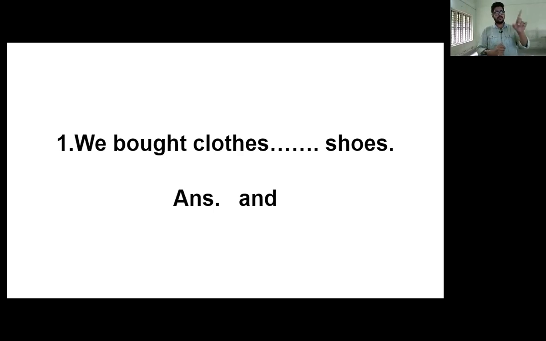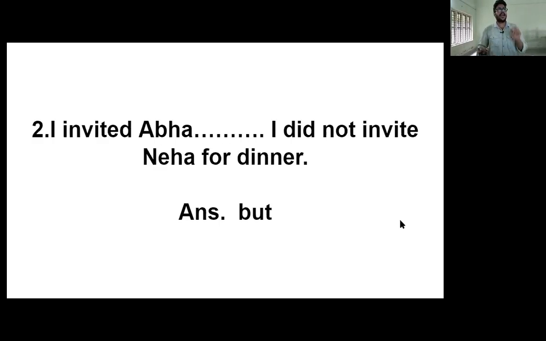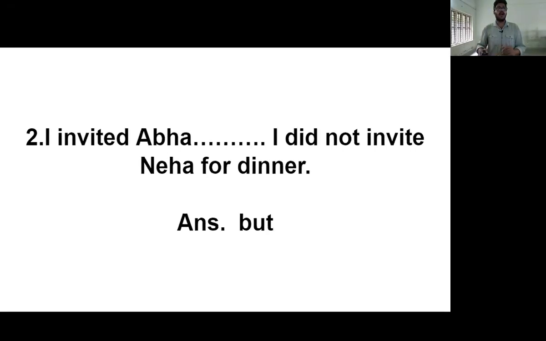Okay. So moving to the next sentence. I invited Abha dash, I did not invite Neha for dinner. So these are two different statements. So we are using but. So you have to write down but in this sentence.